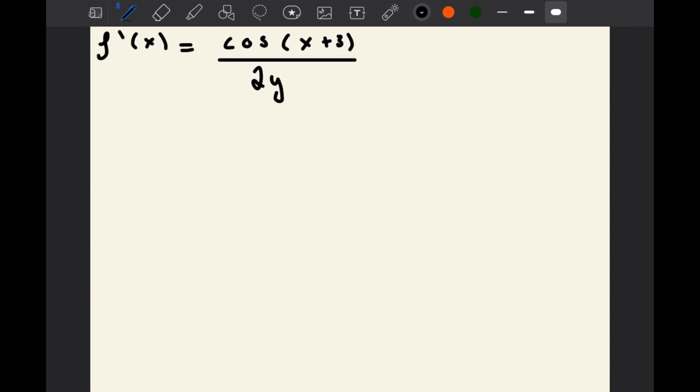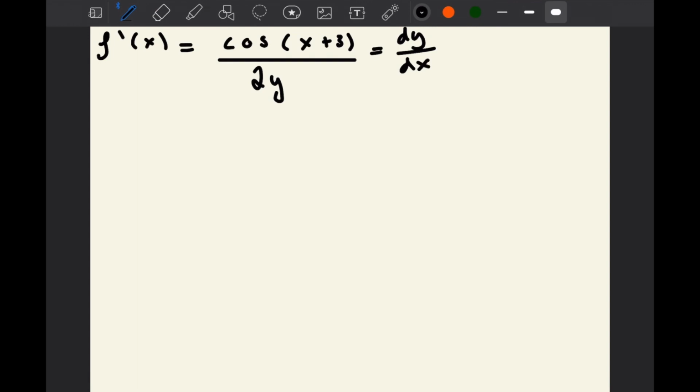So once again, as mentioned before, first let's separate the y's from the x's. Really important, I put this as f prime of x so that you wouldn't be confused, because f prime of x is just dy/dx, the derivative of y with respect to x. Never forget that, because if you accidentally look at this and think, oh, I can't do it, no, just remember that this is the same thing as dy over dx.